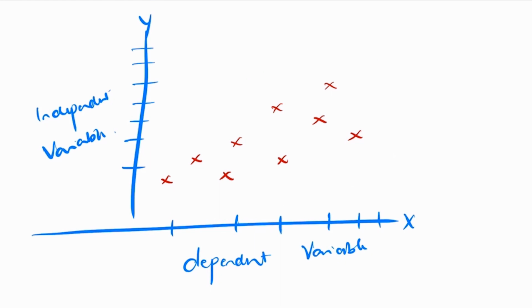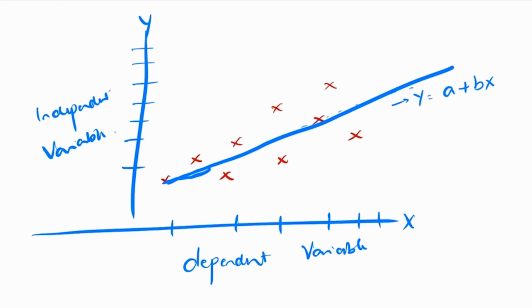Now let me see this. What if I can draw a line which is going to be a representative of all the points. This straight line is getting represented by y is equal to a plus bx.